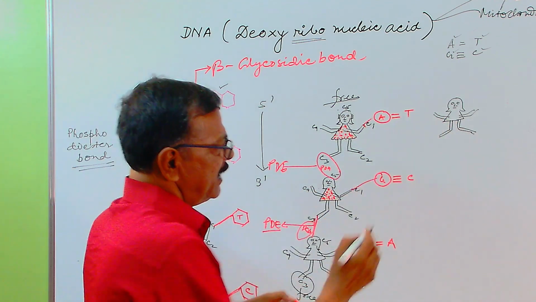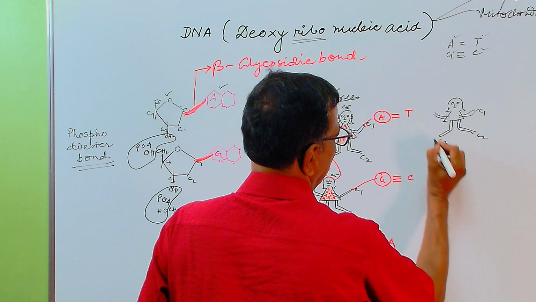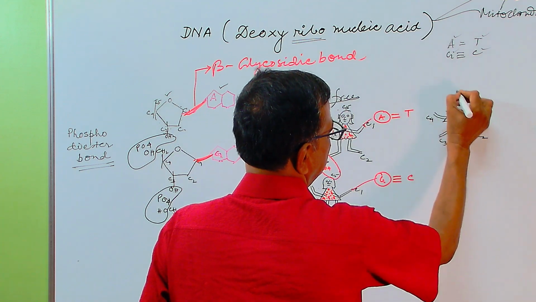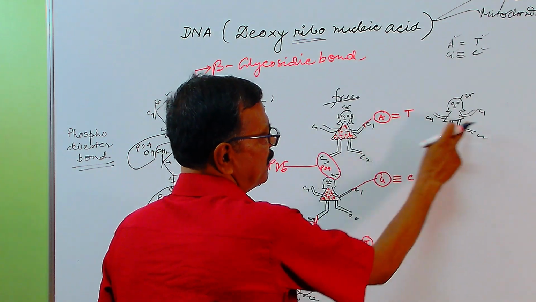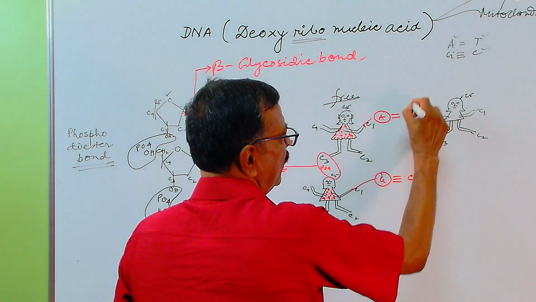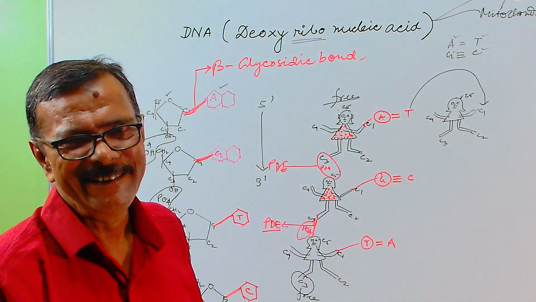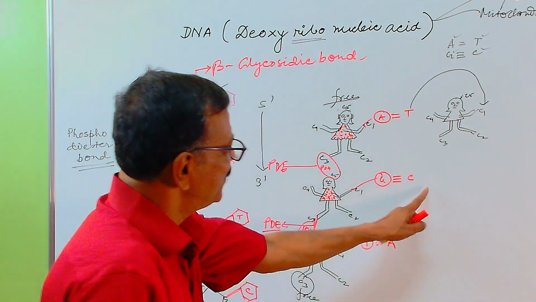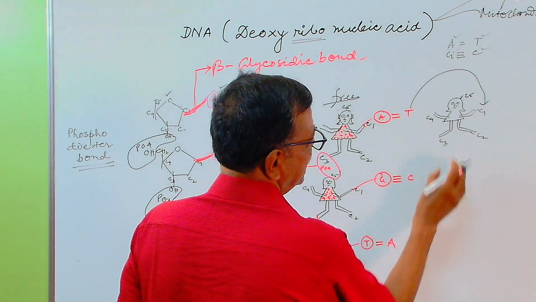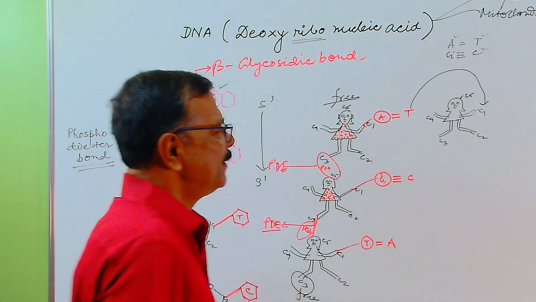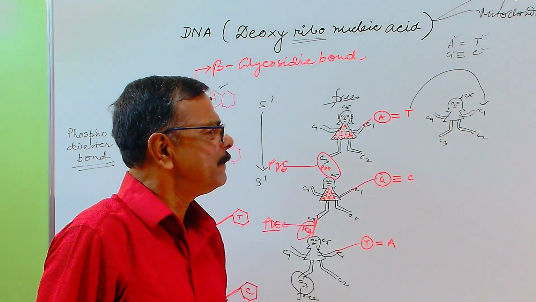So it has C1 here, C2 here, C3 here, C4 here, C5 here. So it will join with C1. Will it be like this? No. G will join with C. Whether C will join in this way? No. Because it has to join with C1.